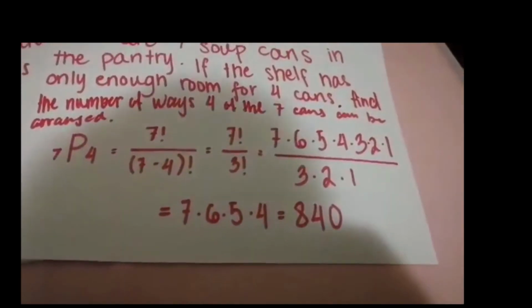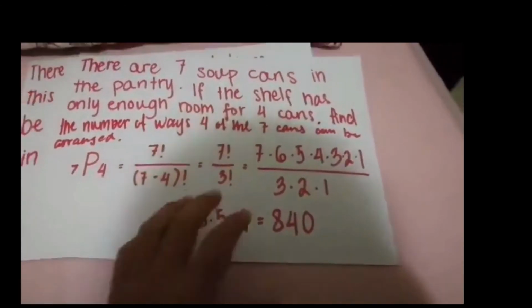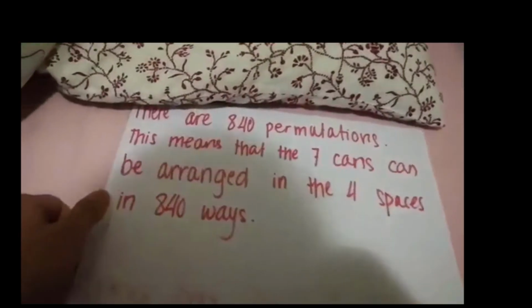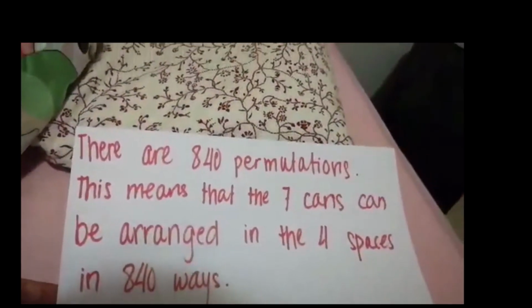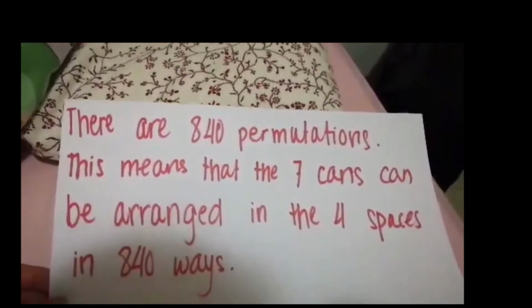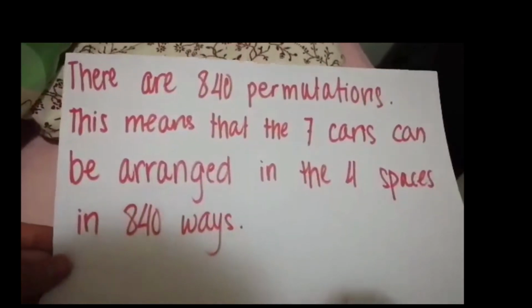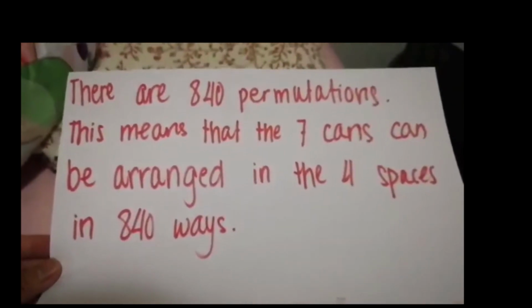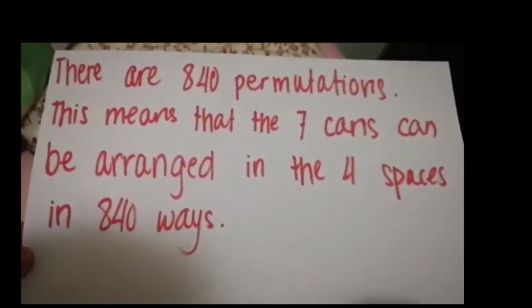We'll be left with 7, 6, 5, and 4. Multiply that and we get this final answer, 840. So there are 840 permutations or 840 ways we can arrange these 7 food cans in a 4-space shelf.